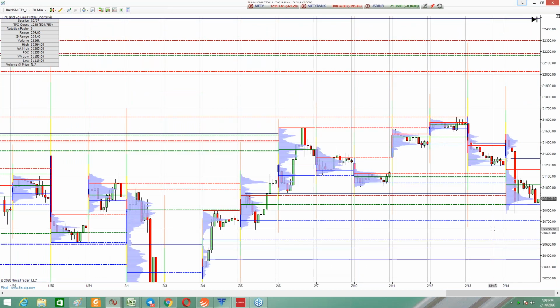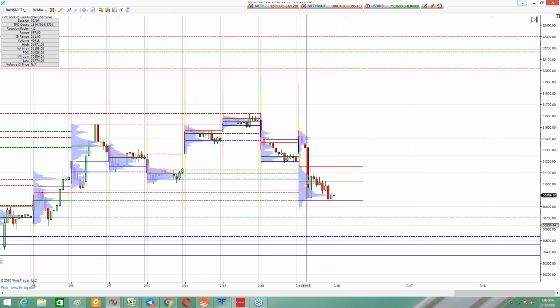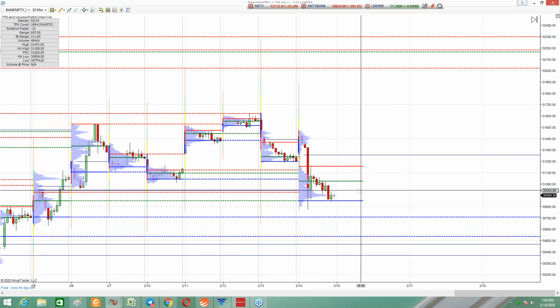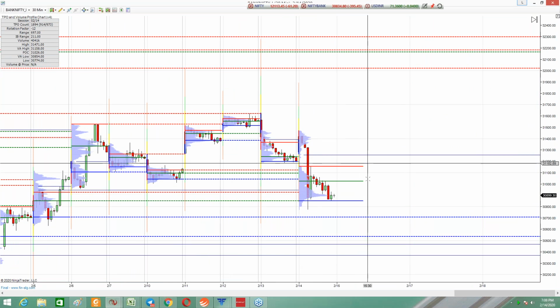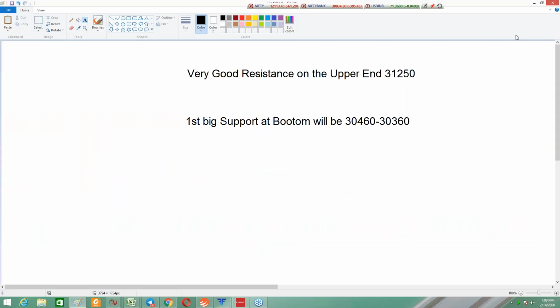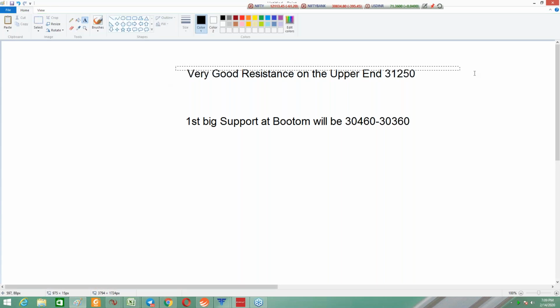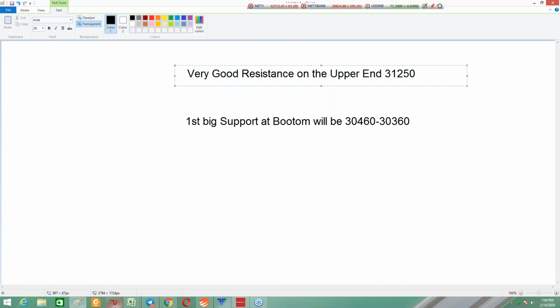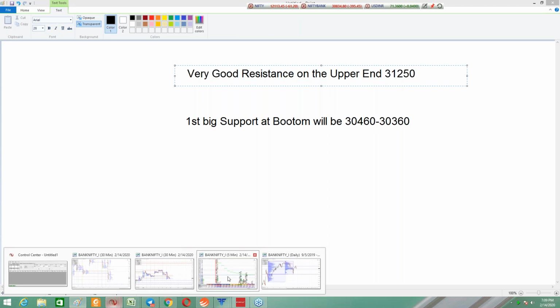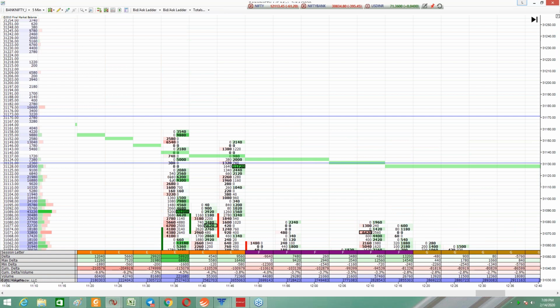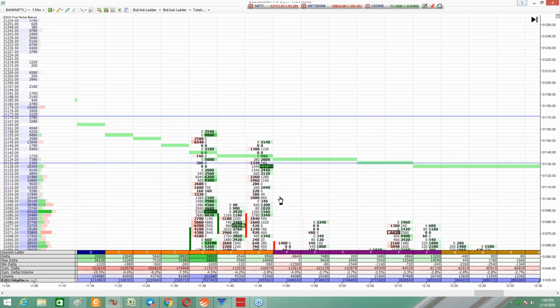But if at all Bank Nifty starts retracing right from the morning and starts pushing the prices back to the upper level, then the only important level available as of now in Bank Nifty is 31,250, right? There is one more level, as per order flow, where the market has tested twice.